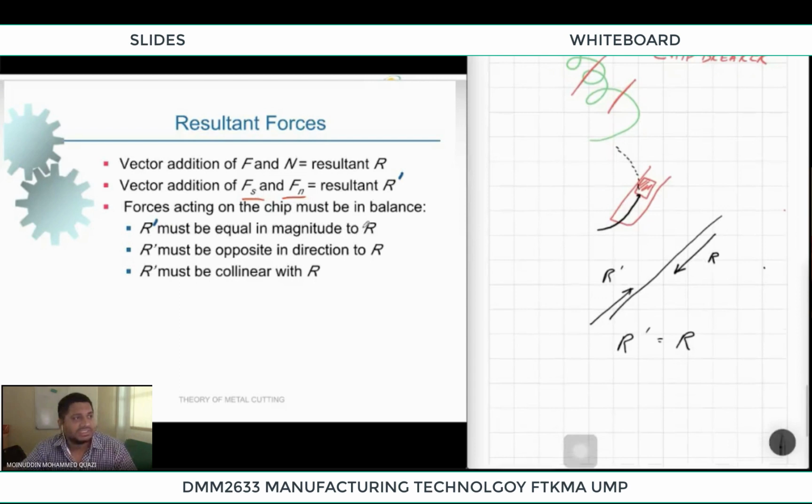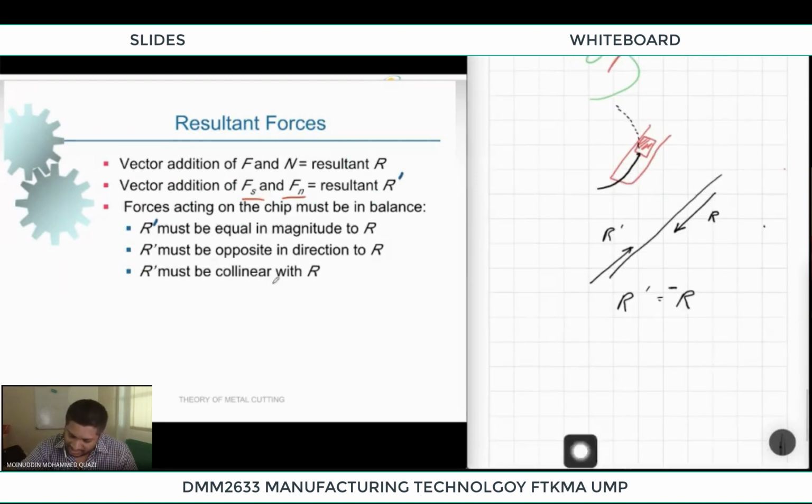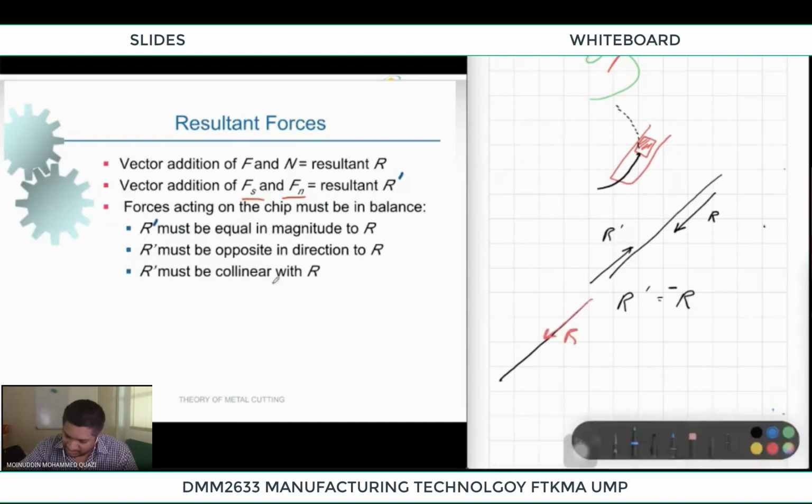R dash must be opposite in direction to R, so minus. And they must be collinear, meaning they are in the same line, actually not the plane, the same line. So this is R, and this is R dash.